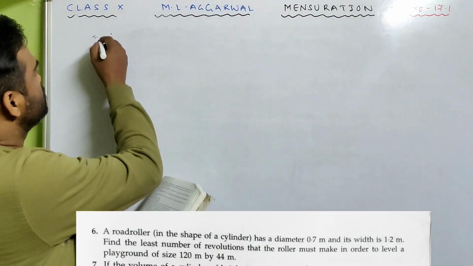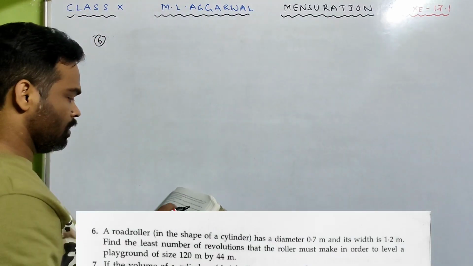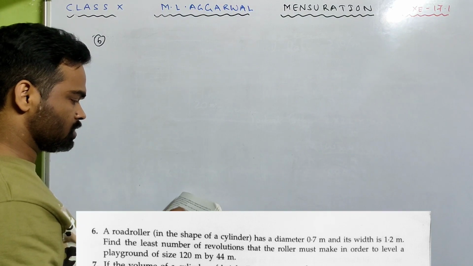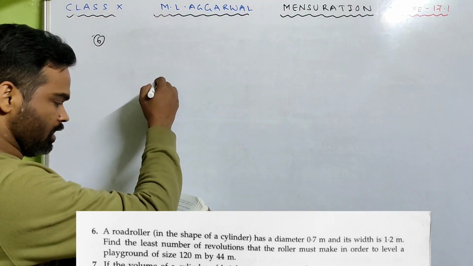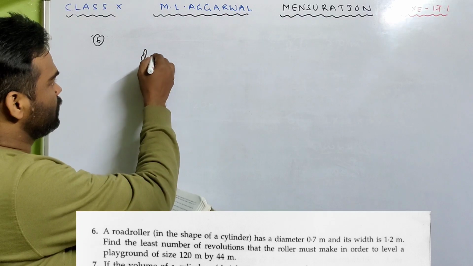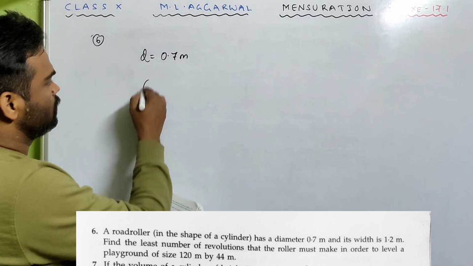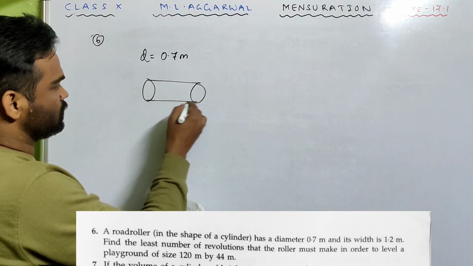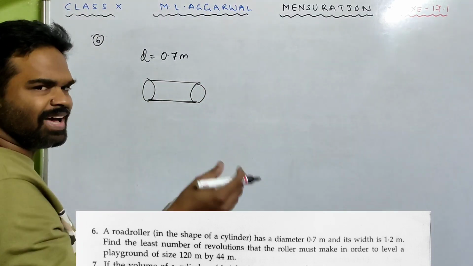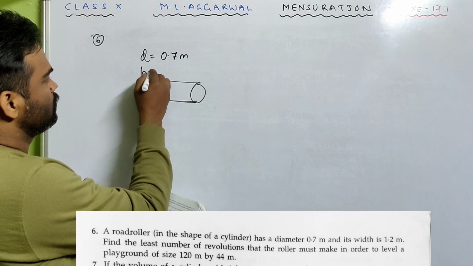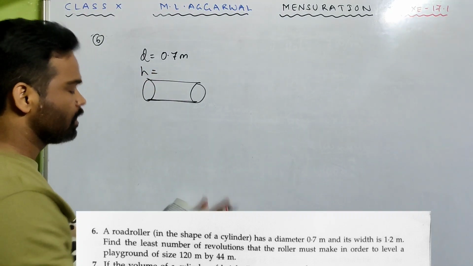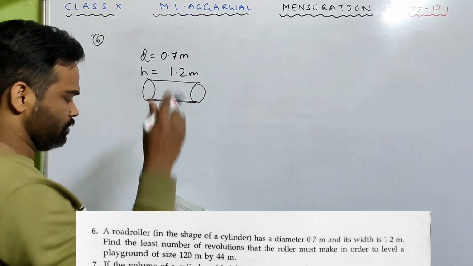Now look at number 6. A road roller is in the shape of a cylinder, has a diameter 0.7 meter and its width, this much, which is the height for the cylinder, and its width is 1.2 meter.